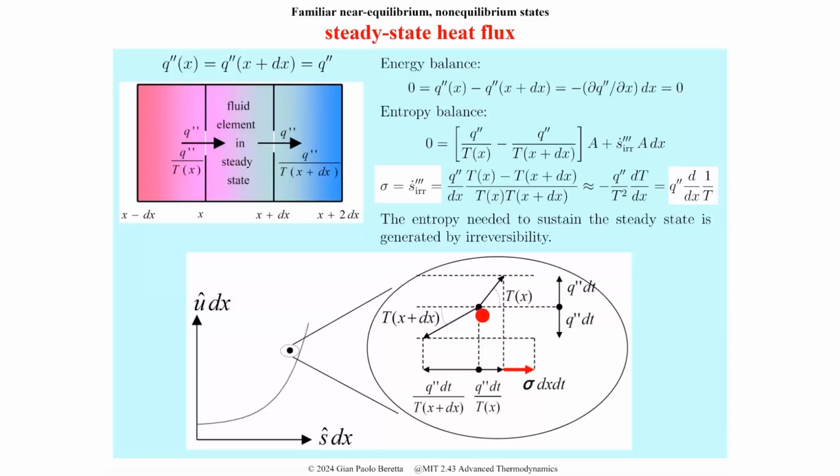But I simply remind you that this part of the slide was to show that you cannot be at equilibrium if this is different from 0. And therefore, when we adopt a local equilibrium model for our fluid element, we are neglecting this difference.